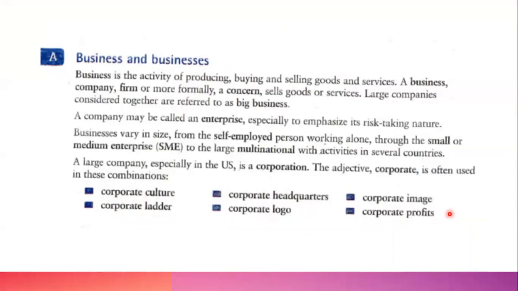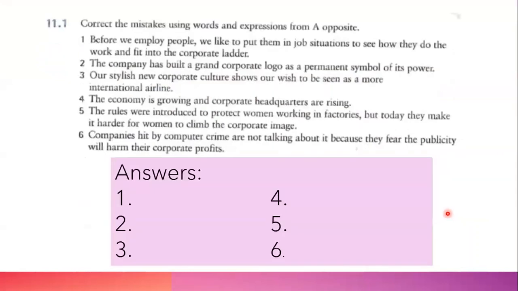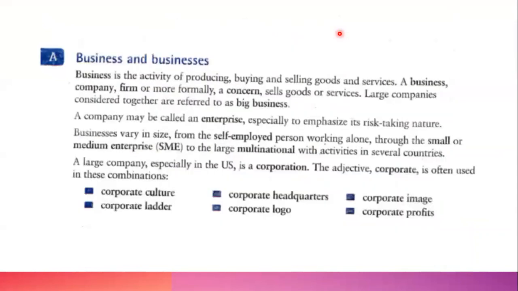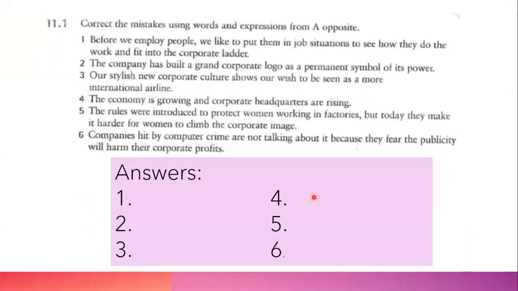What you have to do is read these 6 expressions, or 6 statements, and connect them with the opposite. You have these expressions here. Then you have these 6 sentences or statements, and you write your answers here. You will have this in your email, so don't worry.